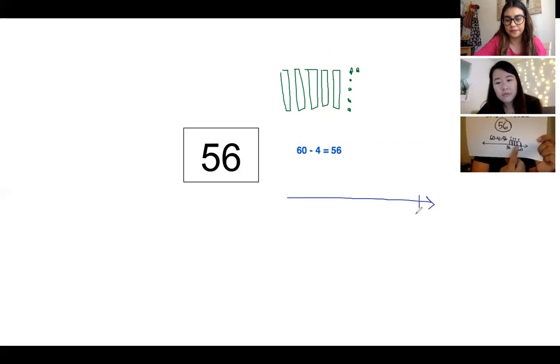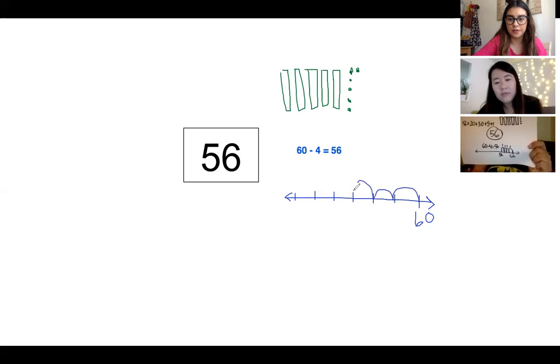And so I went from 60 and I bunny hopped backwards by 1 to get to my 56. So I had to do 1 bunny hop, 2, 3, 4, or we can call it skip counting, counting down to 56. So my sentence says 60 minus 4 equals 56.